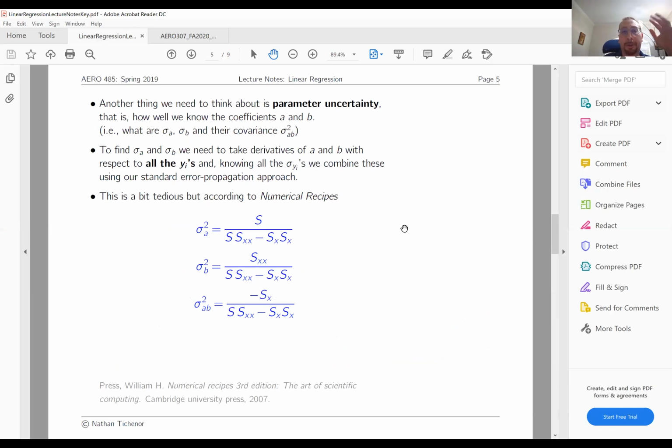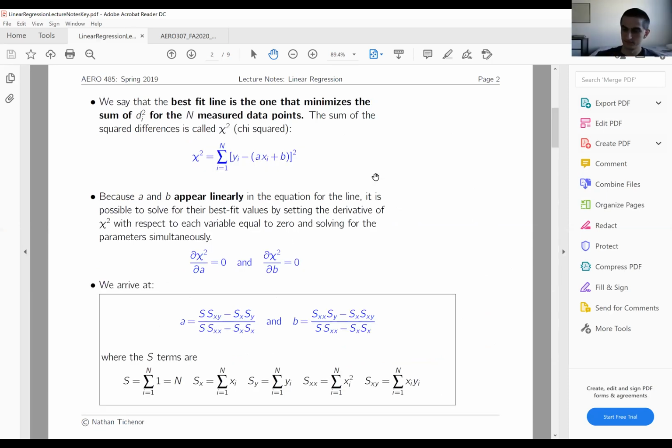Yes. Okay. So now I'm looking at the PDF file of the linear regression. Basically, in the linear regression, we minimize the error with respect to A and B. When we minimize it, we get two linear equations that I just derived for you.